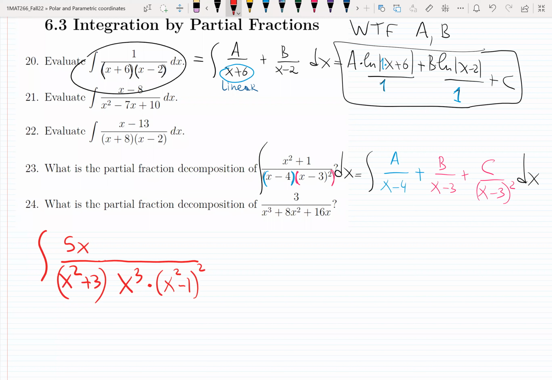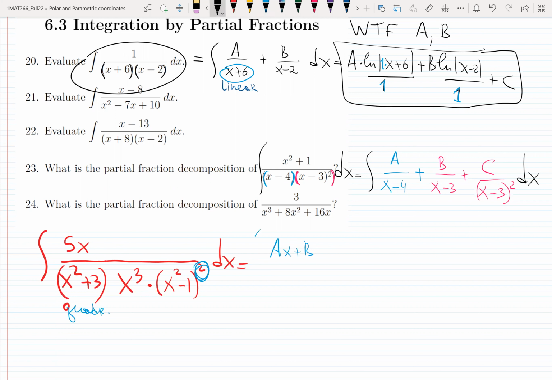Now what? That's going to be the huge one. So let's see what's happening. The first one is not linear, it's quadratic. Quadratic has a shape of ax plus b, like so. And it's not repeated. Repeated means there's no power like the other one at the end.